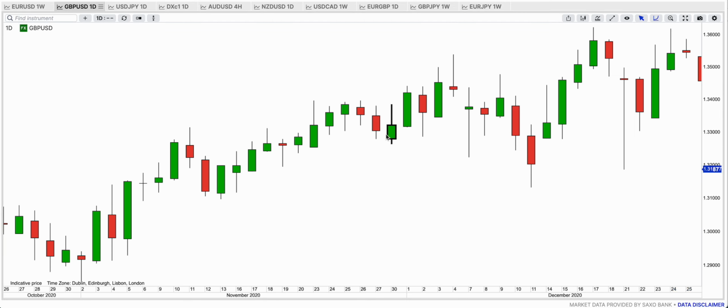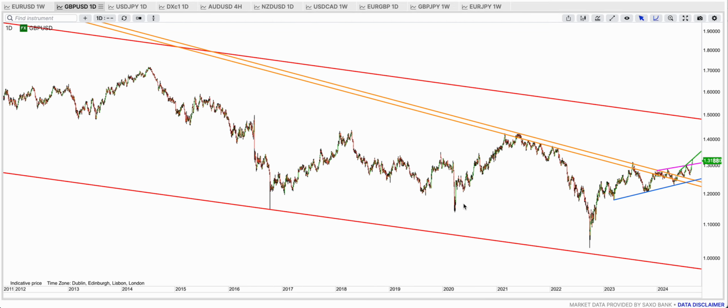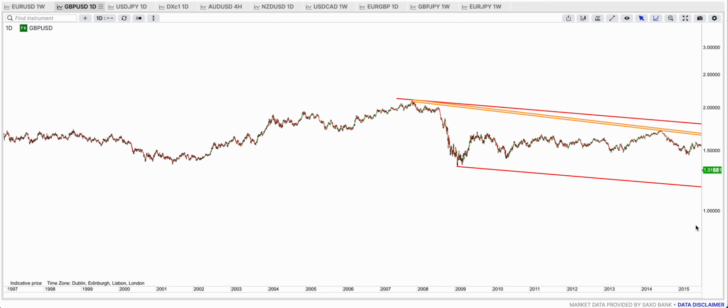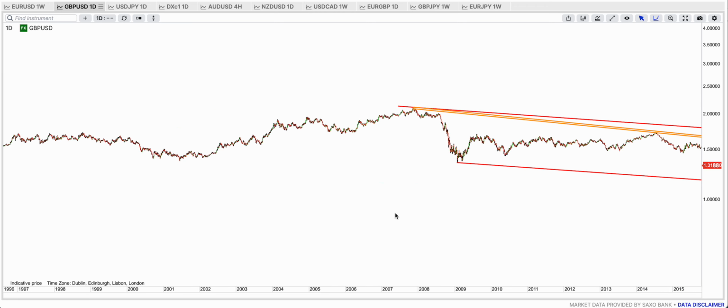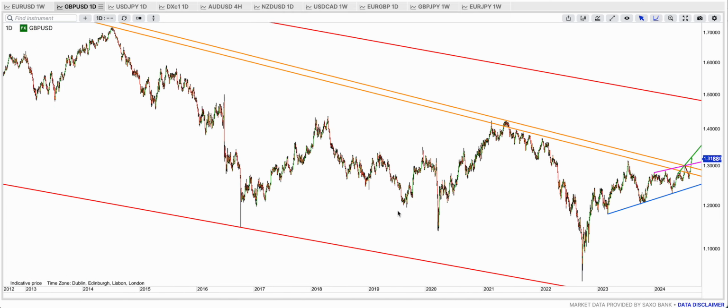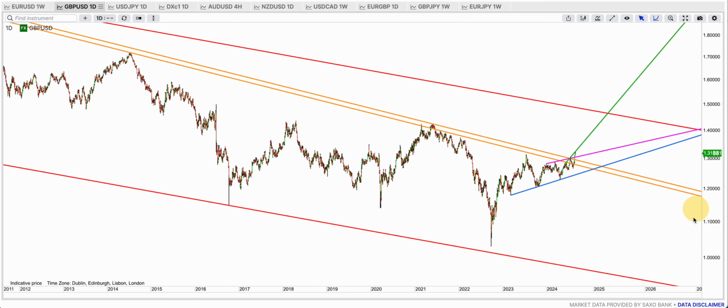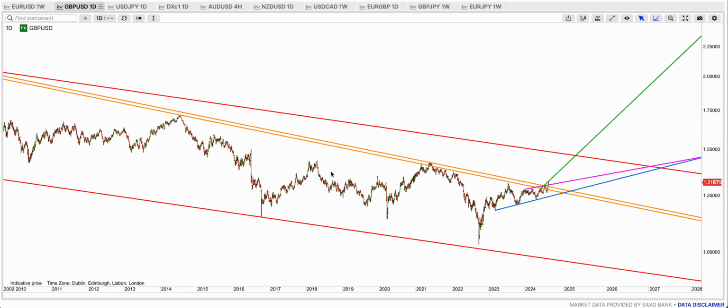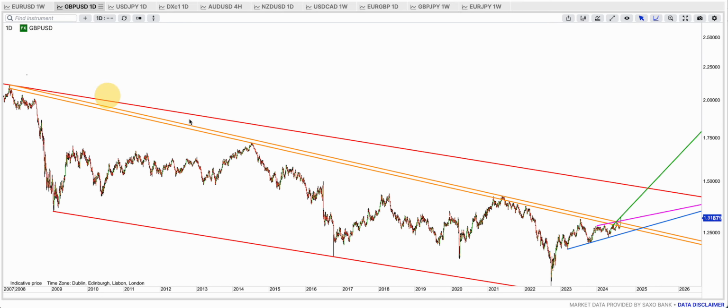Pound sterling also, we turned very bullish on pound sterling, and the reason is quite clear. That golden giant resistance from the highs of 2008 is broken at 1.3.